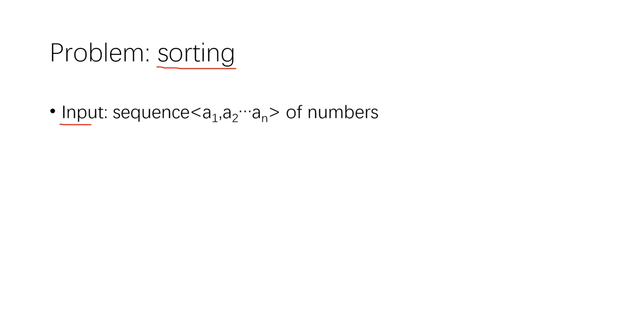So what is sorting? Suppose we have the input, a sequence A1, A2, until AN, and all of them are numbers. And the output is a permutation.